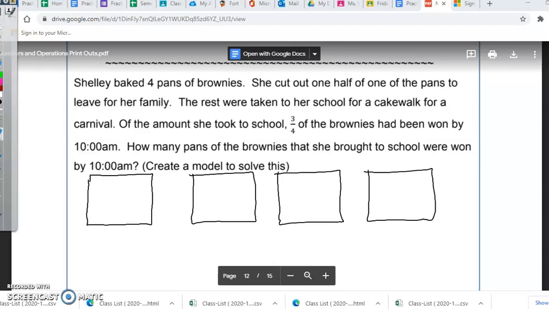Okay, and let's go on and shade it. A little bit of a thicker shader here. Not going to be perfect, but that's okay.